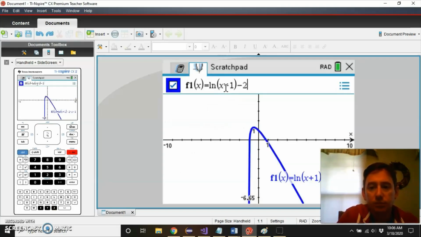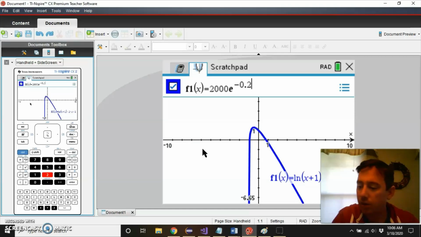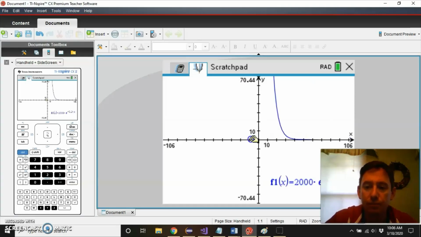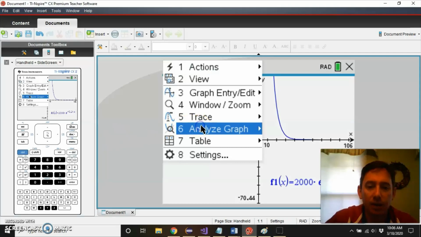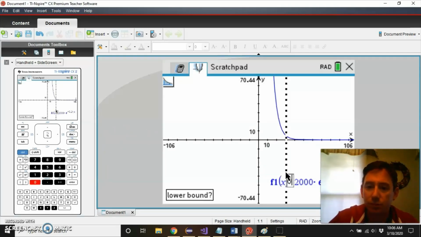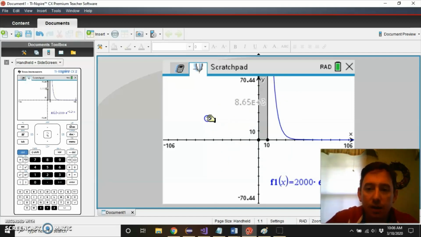All right, so what was that function? 2000 e to the negative 0.2 t. And I want to integrate that thing, 0, 10. There you go.